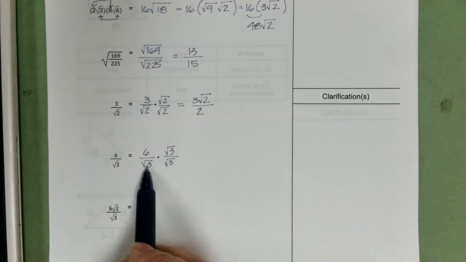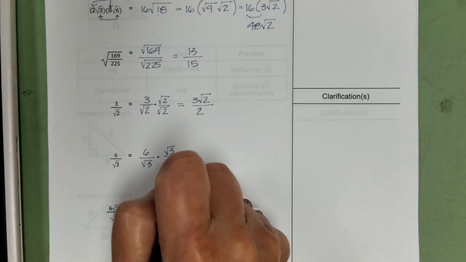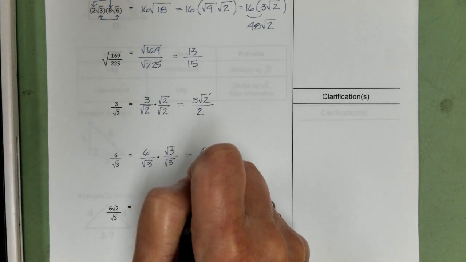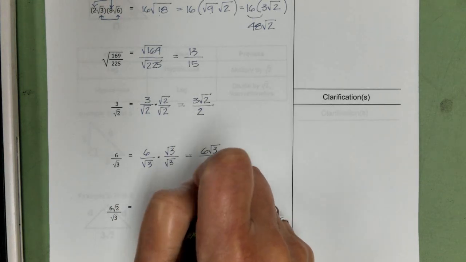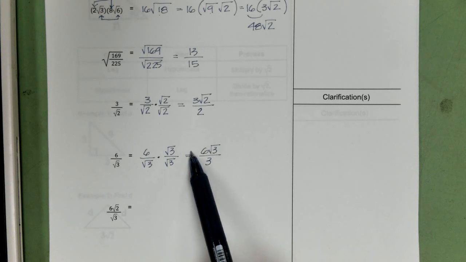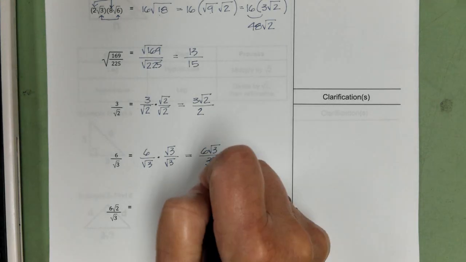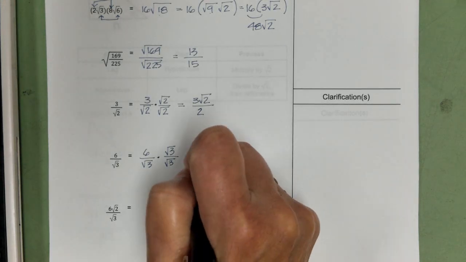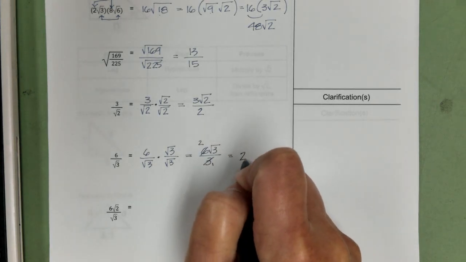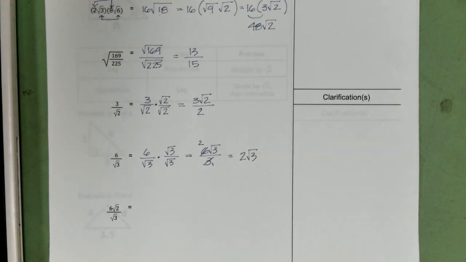But in this case, because I want to take care of the square root of 3, I'm going to multiply by the square root of 3 over the square root of 3. This then becomes 6 square root of 3 over 3. Now, I have 6 and 3 outside of the radical. 3 is a factor of 6, so I can reduce this, and my final answer is 2 square root of 3.